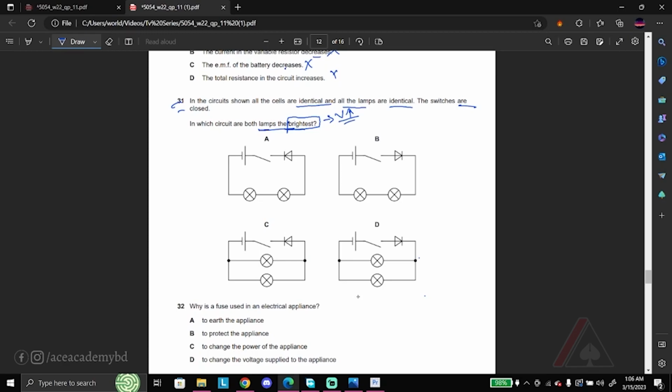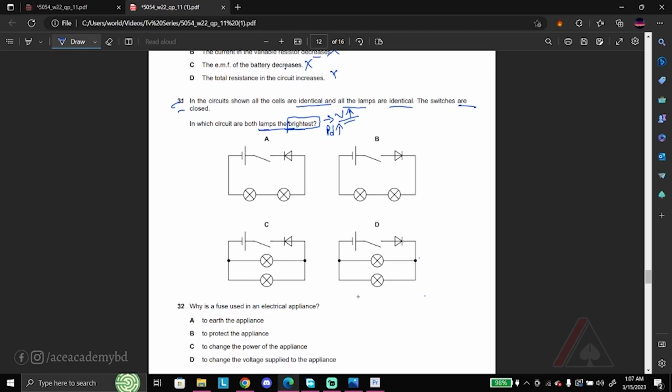So we need the voltage to be as great as possible. I should say potential difference, the PD across each lamp should be as great as possible.